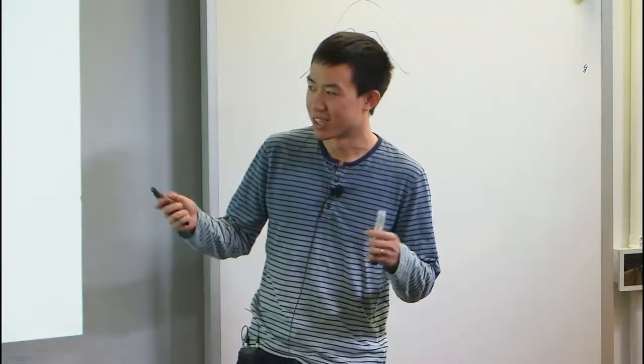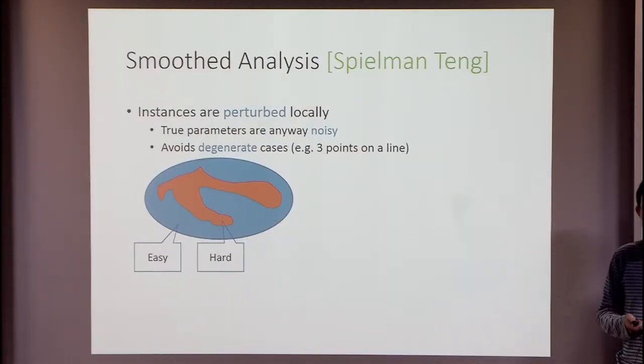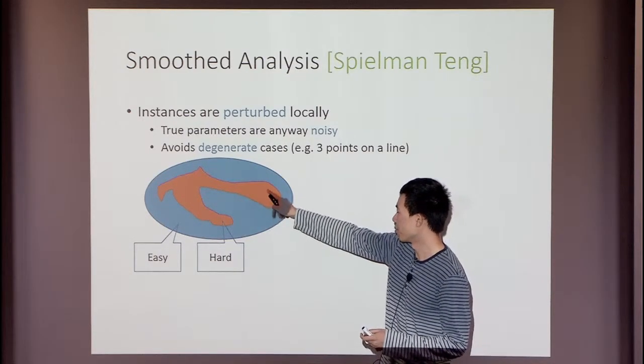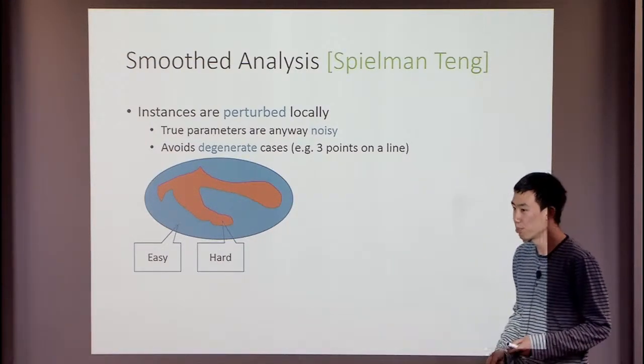Here's a picture to illustrate the idea. For a general problem, even if it's hard, it might have some easy instances, but the distribution of easy and hard instances can be quite arbitrary. It could look like that. But if I have an algorithm that works in the smooth analysis setting, this really cannot be the case, because if I'm here and I'm perturbed locally, I'm still in the hard region and I cannot solve my problem.